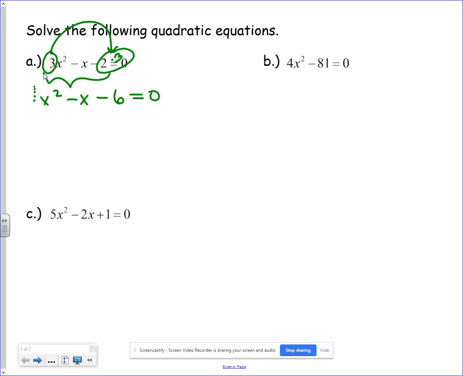So now I'm going to ask myself, are there two numbers that multiply together to be negative 6 and add to be my middle term? And my middle term is negative 1. Are there two numbers that multiply to be negative 6 and add to be negative 1? Yes. Negative 3 and positive 2.